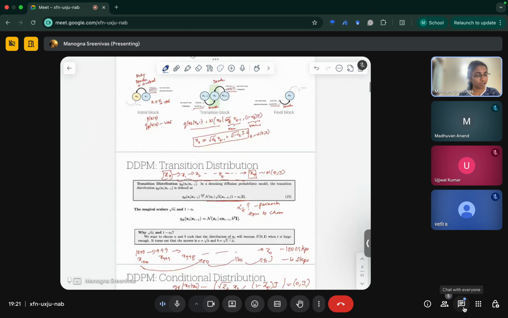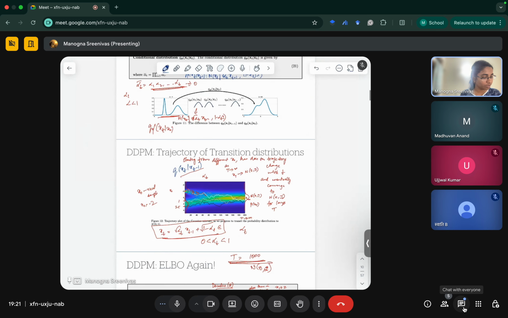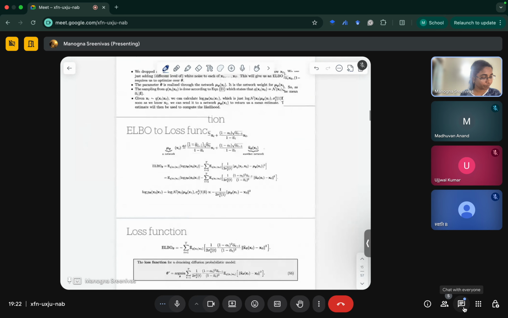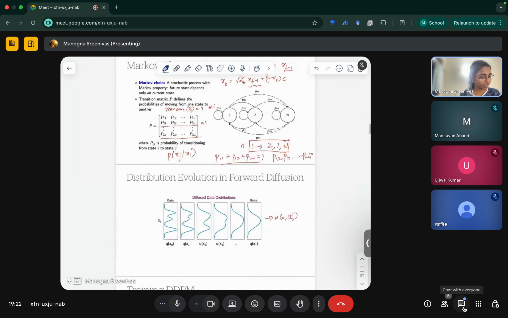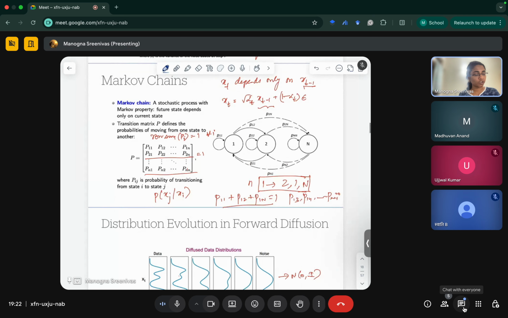This is how we draw those Markov chains, right? In this form. So from here we can write the state transition. If we are given this and we know these probabilities p11 and all of this, then we can write the transition matrix.